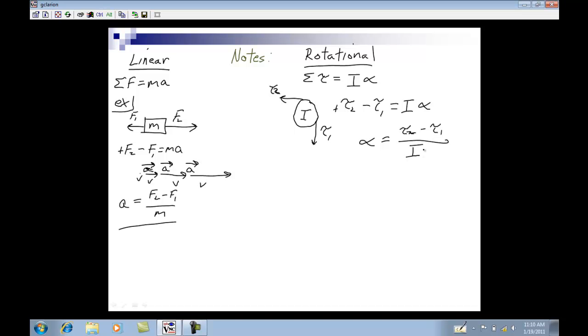In this case, you'll either be given the rotational inertias, in this case for a disk, let's just use a disk as our example, that's mr squared over 2, and that's what we would plug into there. So you need to know the rotational inertias.